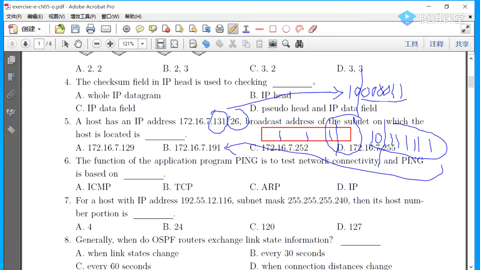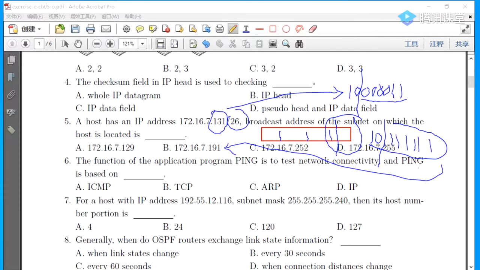Then the broadcast address makes the host portion all 1s and keeps the other bits as they are. So we get 10111111, then turn the binary into decimal.